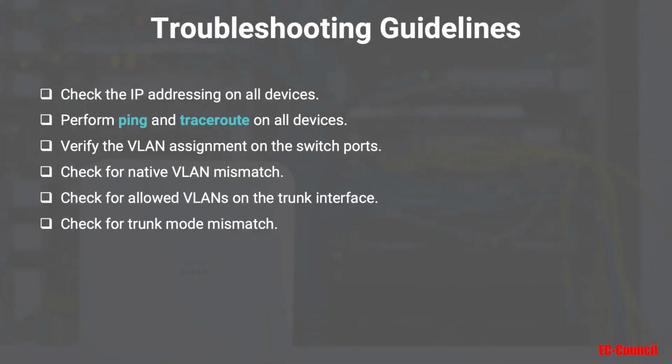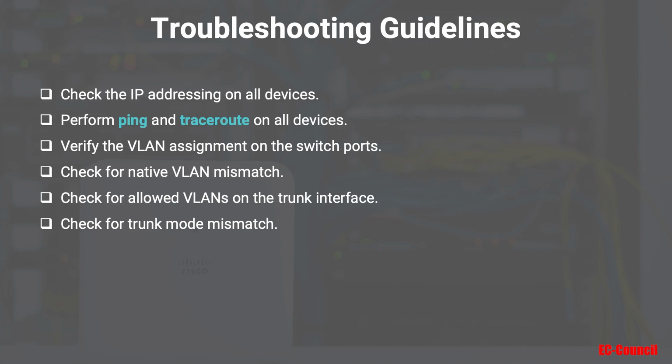Sometimes when you configure VLANs or inter-VLAN routing, things may not work as expected. These are some troubleshooting guidelines that I recommend. Always check the IP addresses on all your devices. Check the IP addresses on the router, the sub-interfaces. Check the IP addresses on your end devices as well. Be sure to perform ping tests to ensure you have end-to-end connectivity.